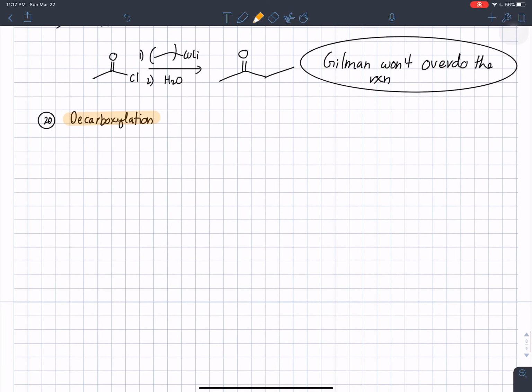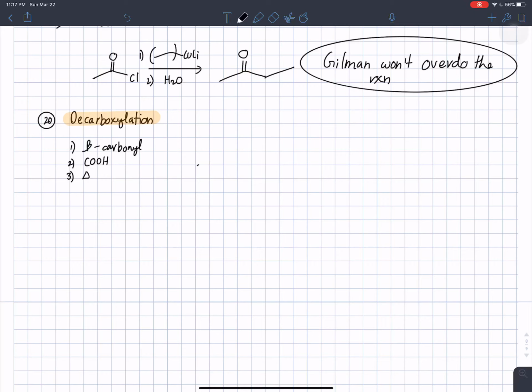Okay, so this decarboxylation reaction has some requirements. You need a carboxylic acid, a beta carbonyl, and heat.